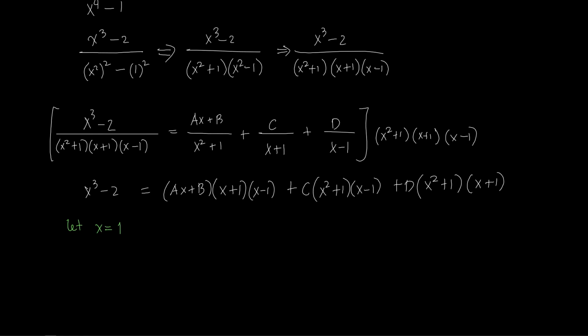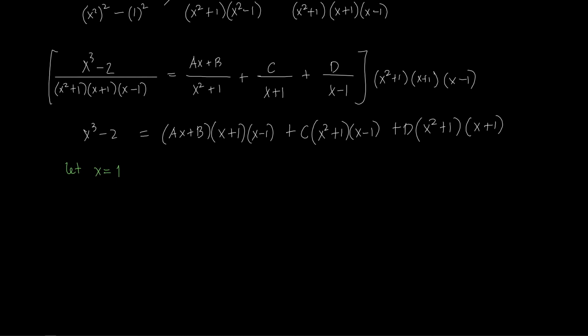So, kung let x is equal to 1, kinsa ang ma-zero? Ma-zero pud ni. Ma-solve na to si D. Okay? So, we have at x is equal to 1, we can say that 1 cubed minus 2, that is negative 1.